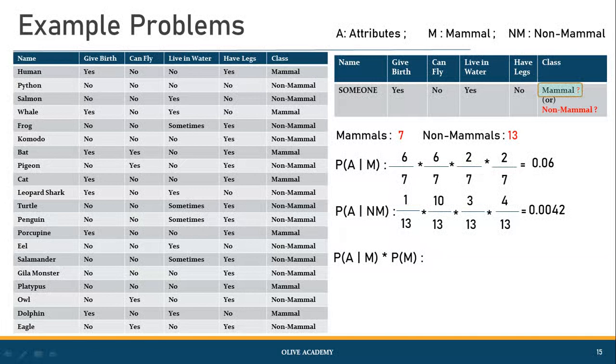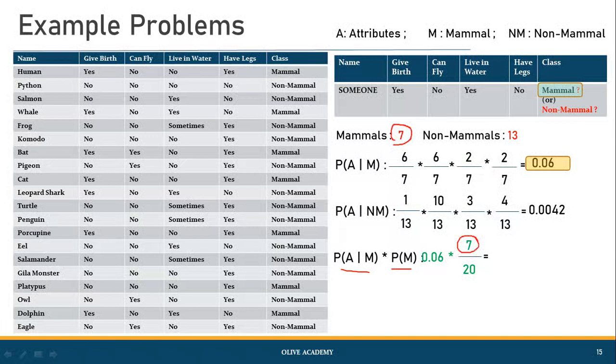Now, probability of A given M is already given as 0.06, and the probability of M is 7 out of 20, because there are 7 mammals. This is because we are interested in calculating the mammal probability.